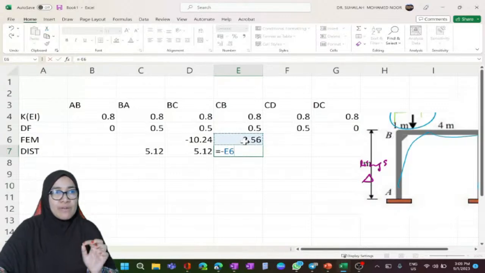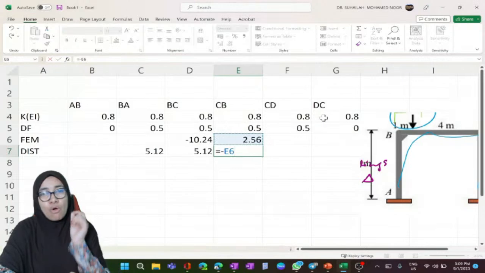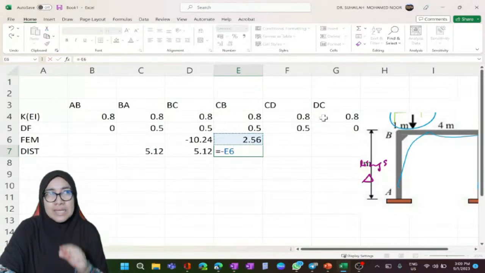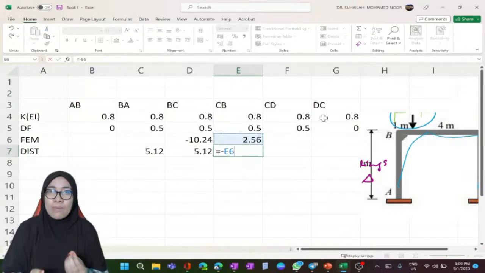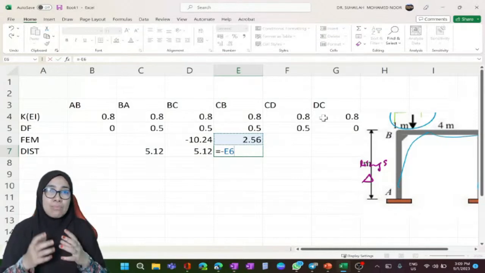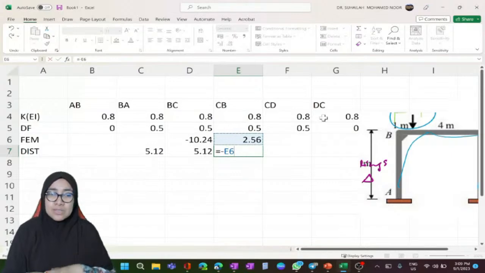Positive 2.56 is the member end moment, but the moment that we distribute is the joint moment. In the table, the value from the fixed end moment is the member end moment. But the moment that we distribute is the joint moment, so that is why the joint moment is negative 2.56.